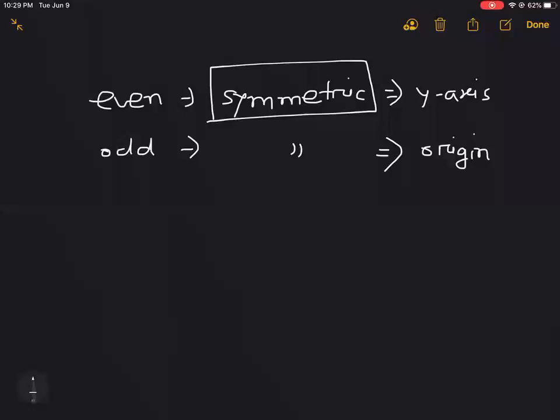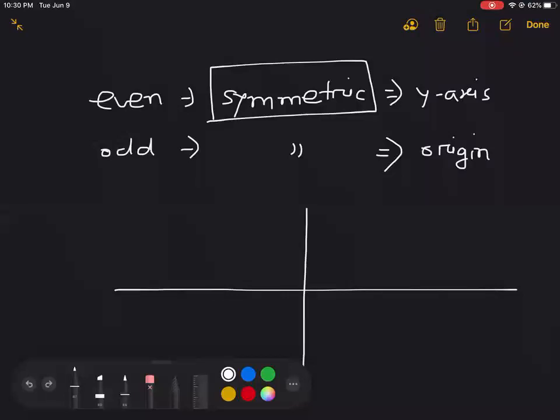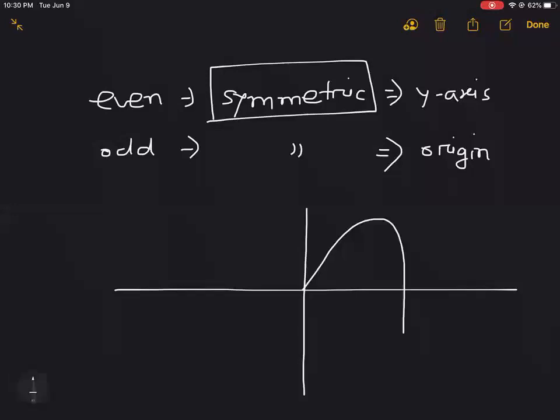So if you have a graph like this, let's say, oops, okay. So although my picture doesn't look good, let me try once again and see what happens. So this is, hopefully this will work.